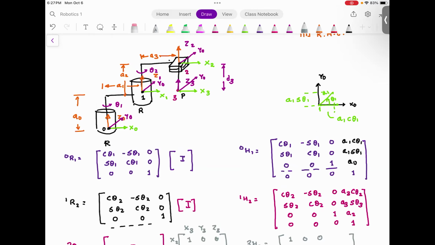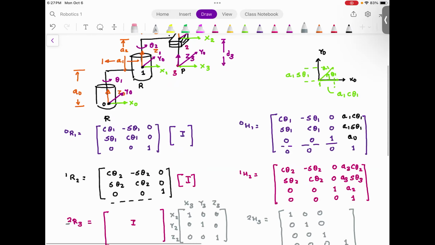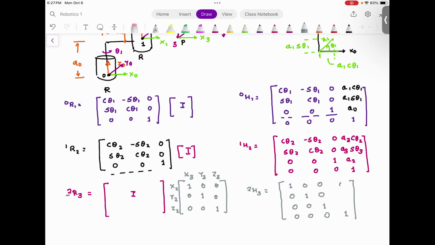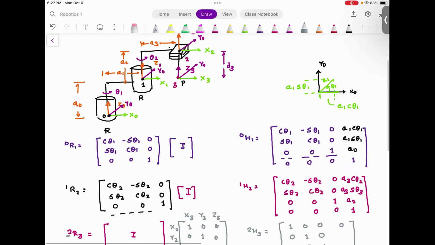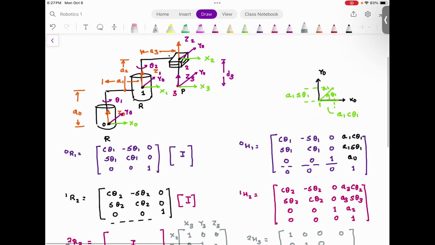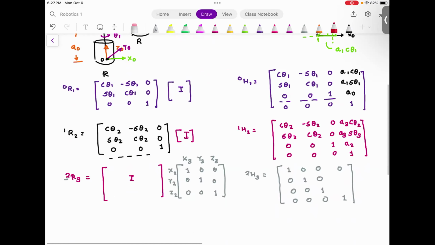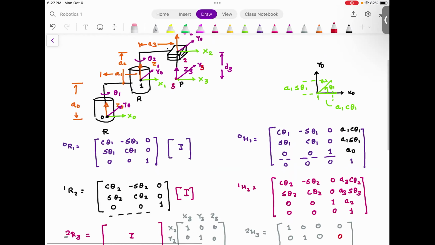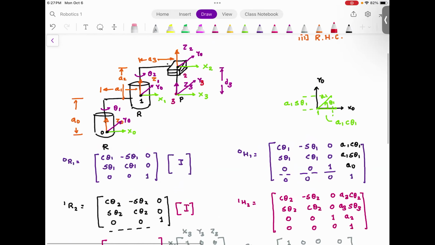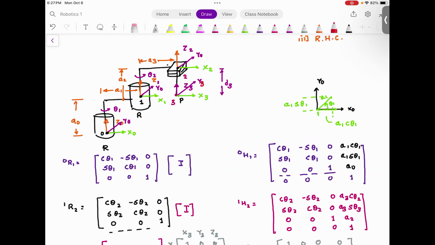So 0. y2 and y3 are aligned. You agree with me? This is y3. y2 and y3 are aligned. And z2 and z3, recognize you need to go minus d3 to reach the last frame.